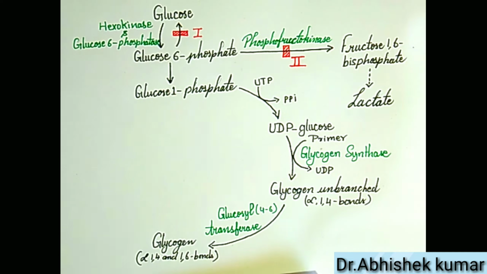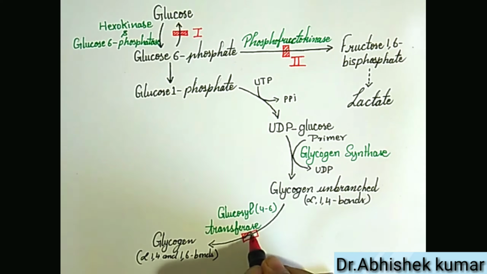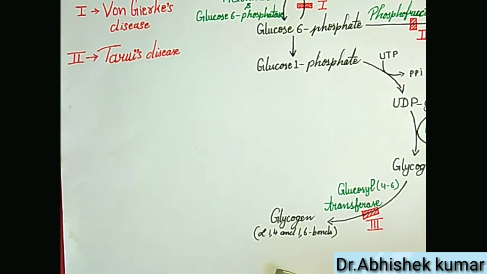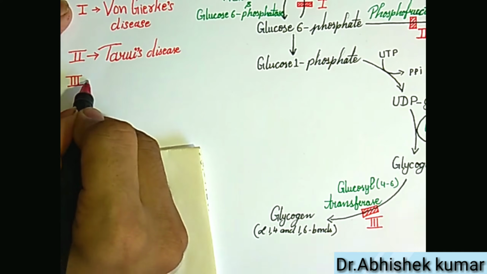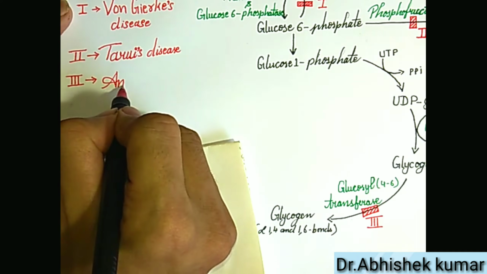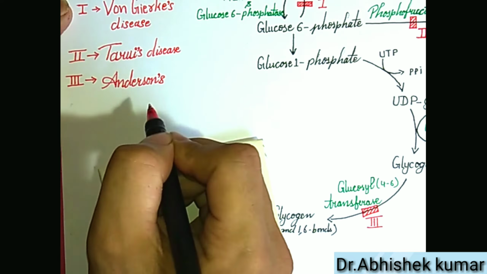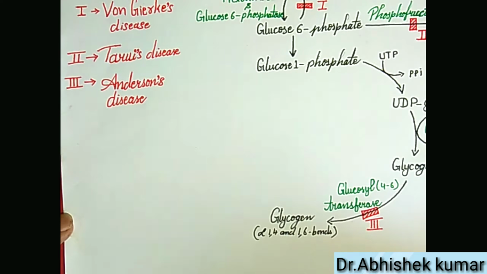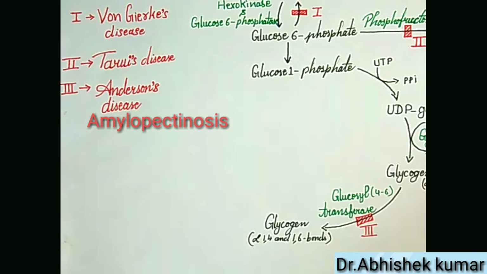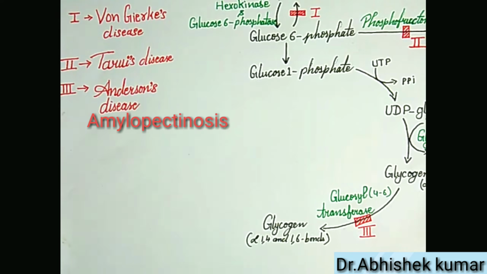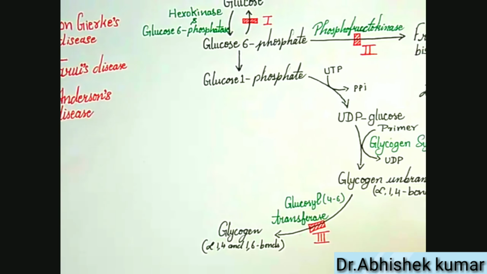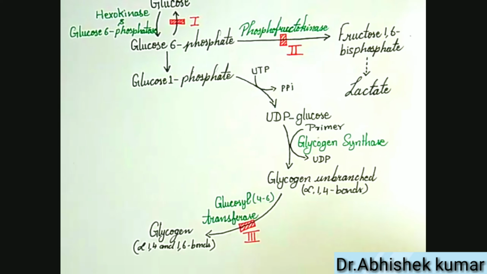Deficiency of the enzyme glucosyl 4,6 transferase will lead to the third disease, which is called Andersen's disease. Andersen disease is also known as amylopectinosis.